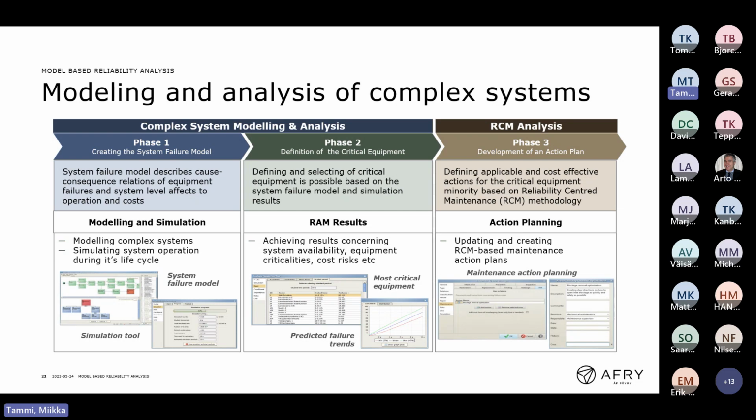But the situation is getting better and better all the time. And one important missing piece normally is that we can get the event history quite detailed, but there is no link to production loss effects, and that's a big gap for utilizing this data for RAM analysis.